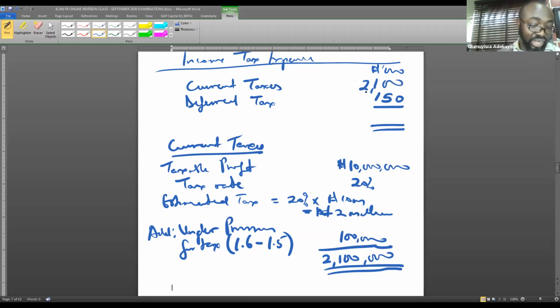Okay, I think we also have capital gain tax. No, that's not correct. We still have capital gain tax. Yes, therefore we need to also adjust. Remember, capital gain tax is an income tax. We have CGT, which is 10% of 300.